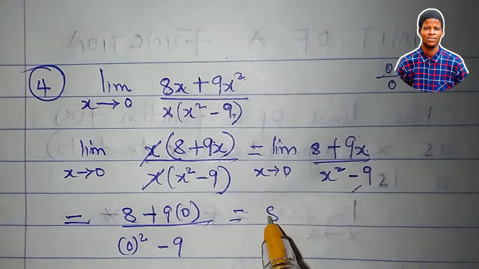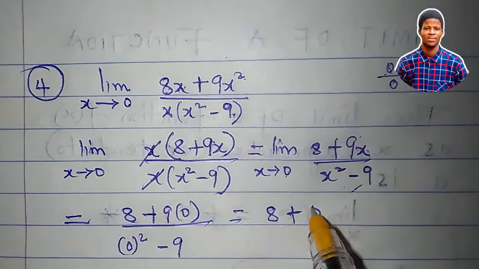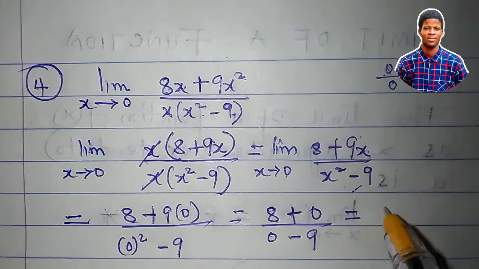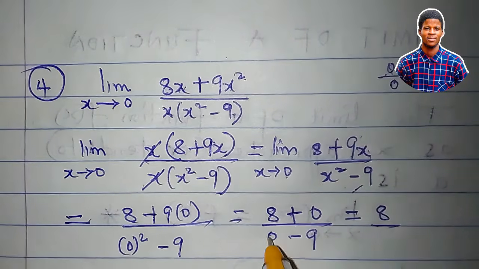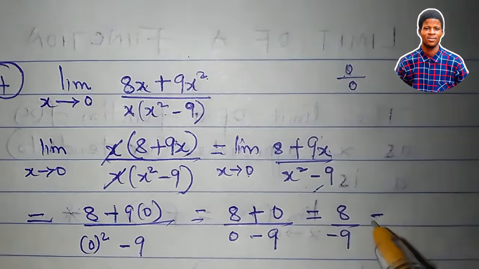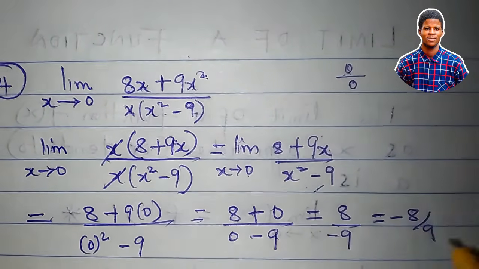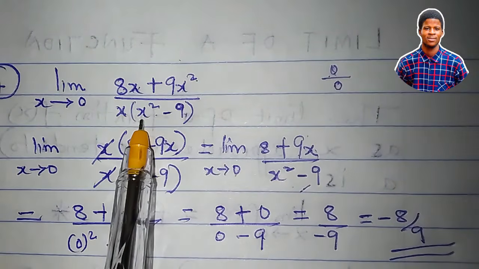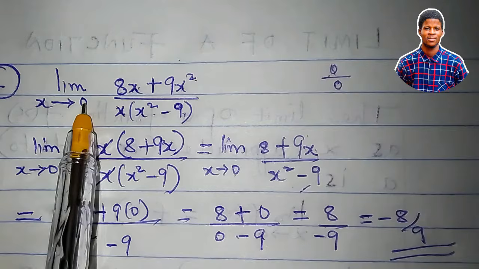Okay, this is 8 plus 0 all over 0 minus 9. Of course, 8 plus 0 is 8. 0 minus 9 is minus 9. So we can actually rewrite this as minus 8 over 9. So this is the limit of this very function as x approaches 0.